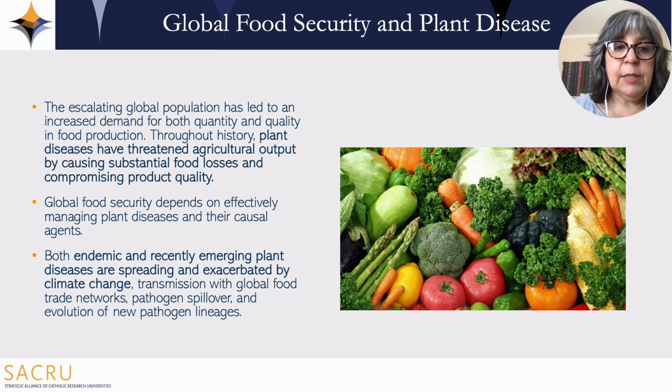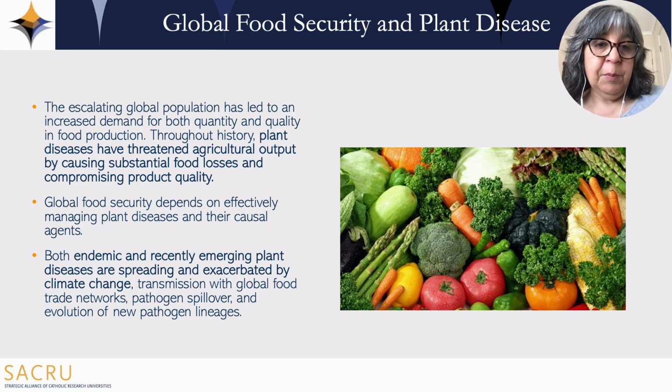We can differentiate endemic plant pathogens, those that we have known for a while and probably can manage pretty well in most cases because we know a lot about the biological processes of the way of living of these pathogens. However, we also have these new and emerging plant pathogens that cause emerging plant diseases.